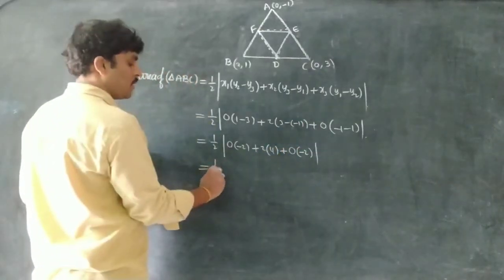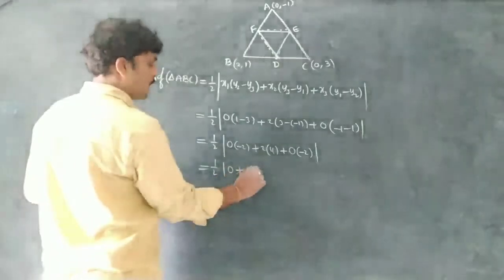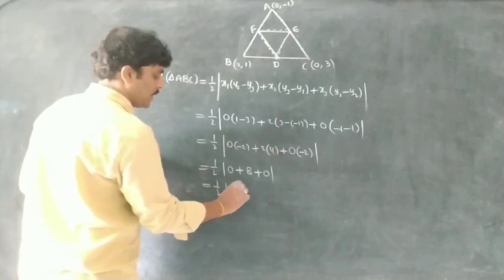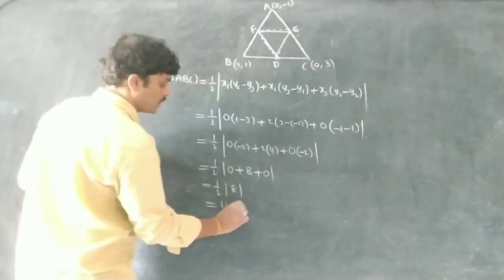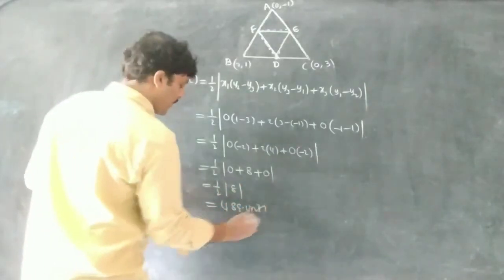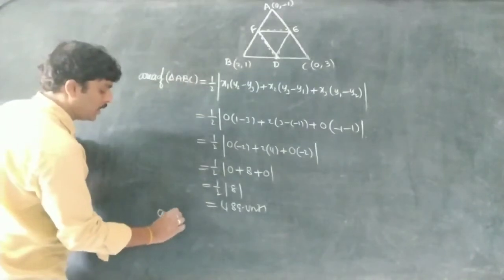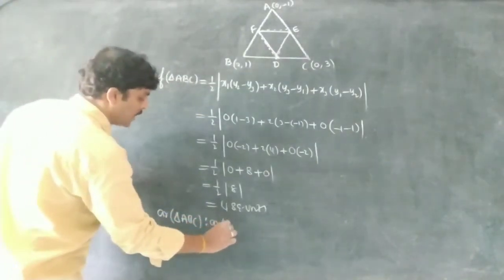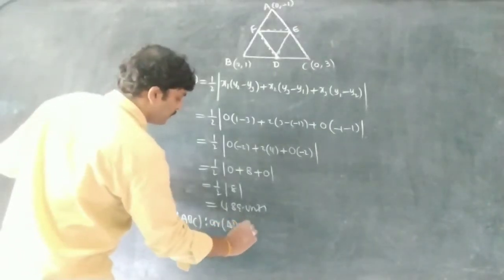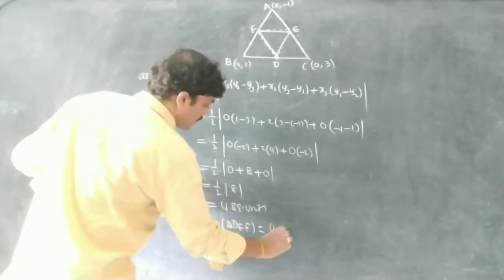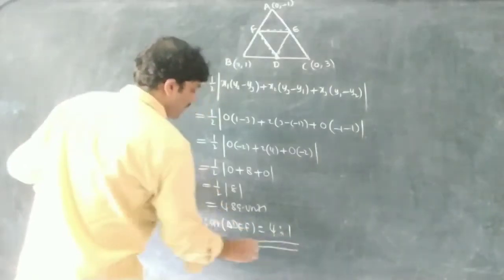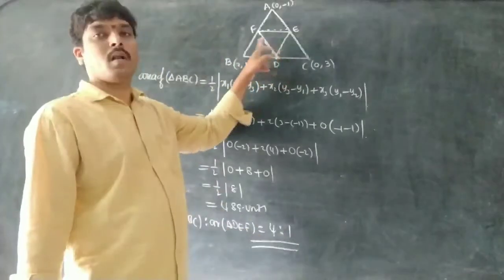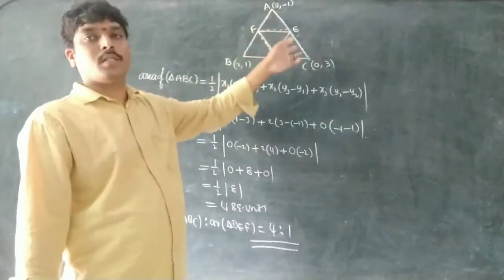Here it is 1 by 2, 0 plus 8 plus 0. Half modulus 8. That is 4 square units. So finally, area of triangle ABC is to area of triangle DEF. That is area of triangle ABC 4, DEF is 1. 4 is to 1. Because in the big triangle, 4 small triangles of this type are there. So 4 is to 1.